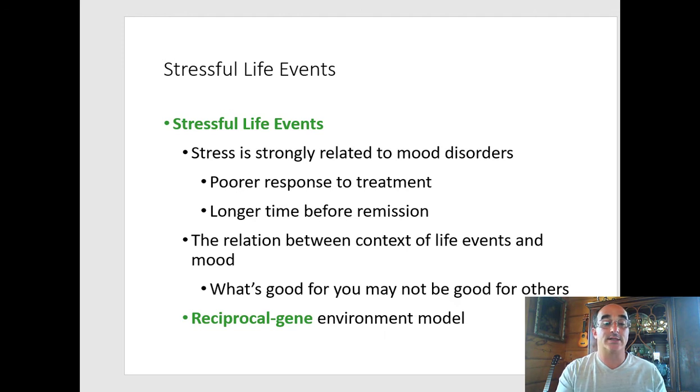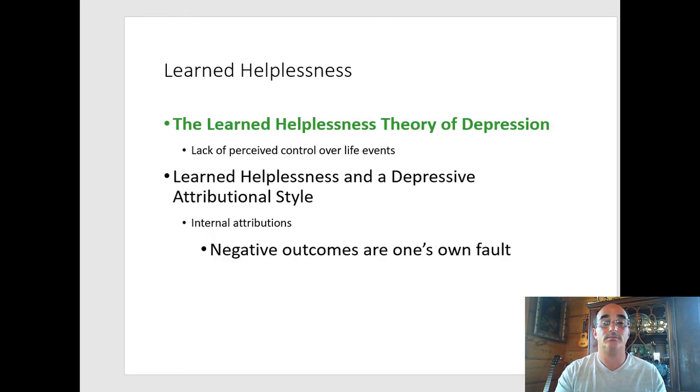And then, of course, there are some ideas around an environmental model and a reciprocal gene-environment model in terms of depression. There are other theories, like the learned helplessness theory of depression, where we lack perceived control over our life, and through learned life events and learned helplessness, a depressive attributional style is formed. We have internal attributions.